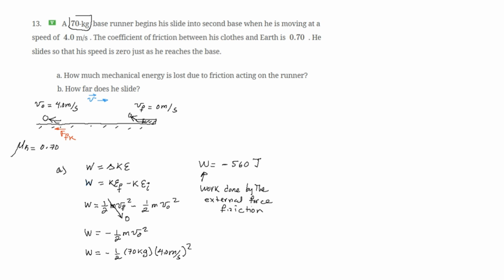Well, we're going to do the second part of this problem. First, we need to know what is the magnitude of the force of friction that acts on this person, because with that force of friction, we'll be able to calculate the acceleration or deceleration as he's sliding toward base.